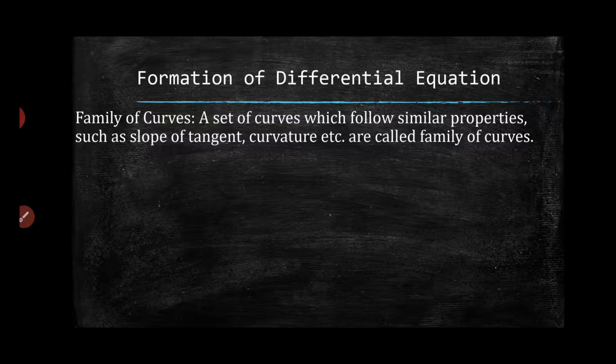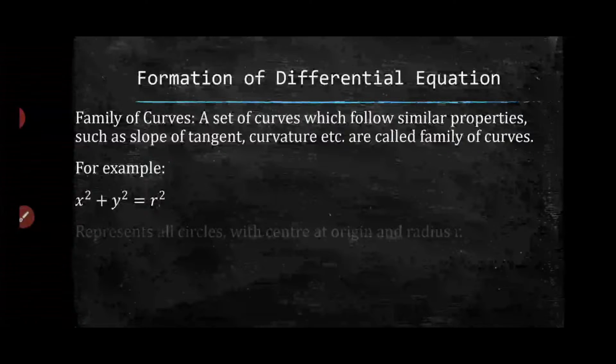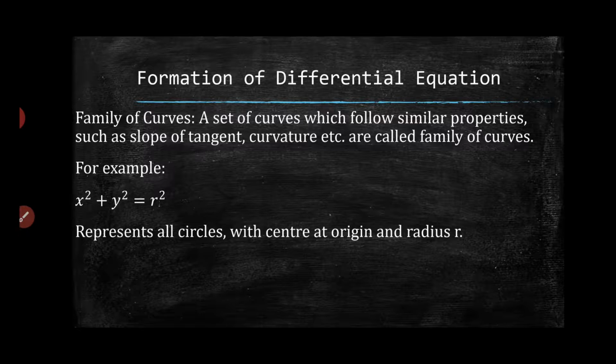So if we take one example, say x square plus y square equals r square, this is representing a family of curves where all the circles are centered at origin with a radius r. If we change the r, we get different circles.